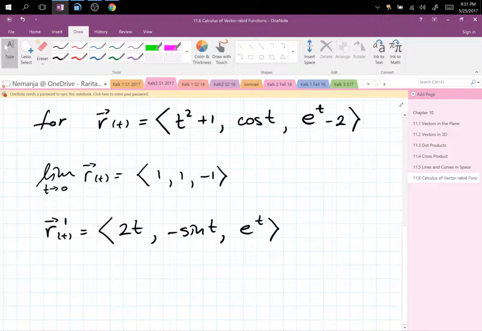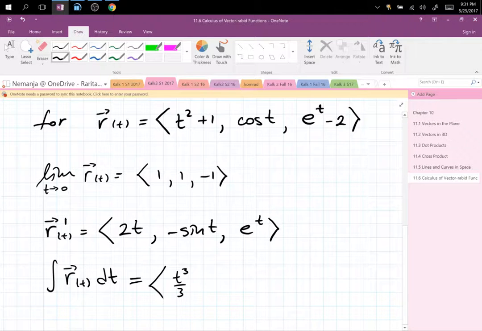And then finally the integral of vector r dt would be, now we're integrating, so we have t cubed over 3 plus t, and then we have sine t, and then we have e to the t minus 2t.